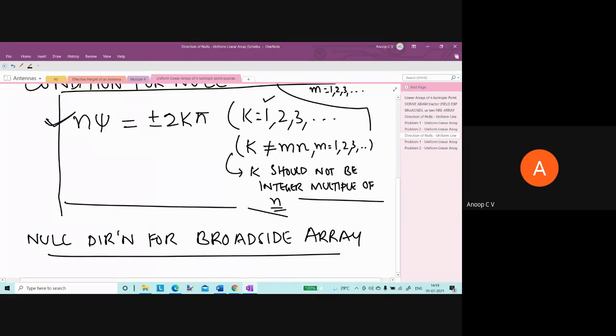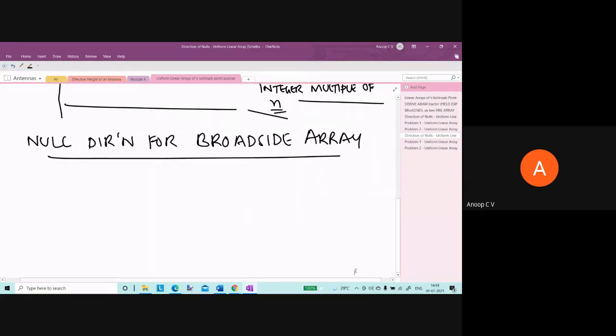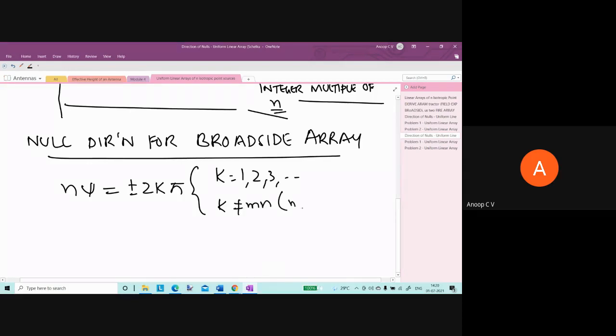If this condition is met, n psi is plus or minus 2k times pi, where k is 1, 2, 3, etc., and k is not equal to m times n, there will be a null. Here m is equal to 1, 2, 3, etc. K should not be an integer multiple of n. This is the condition which is to be met.